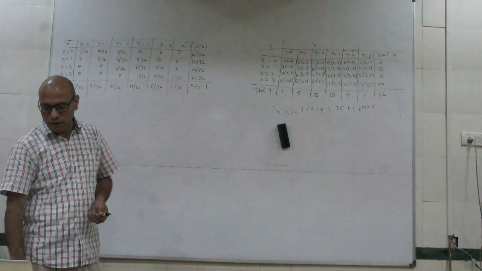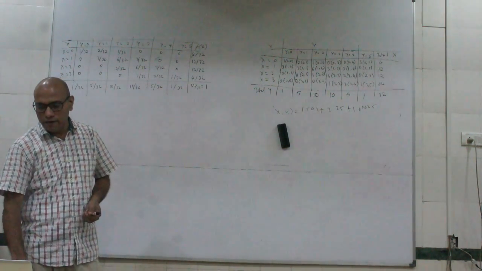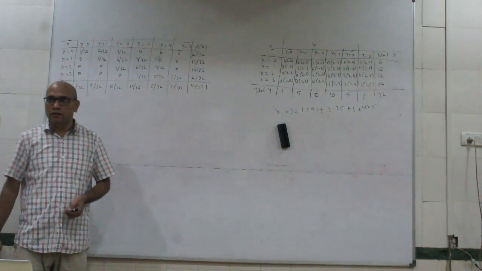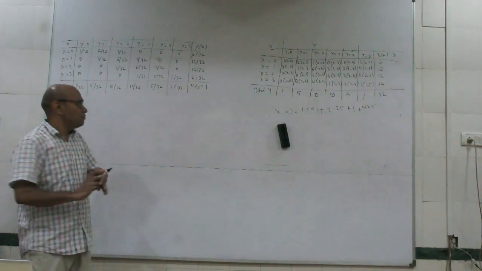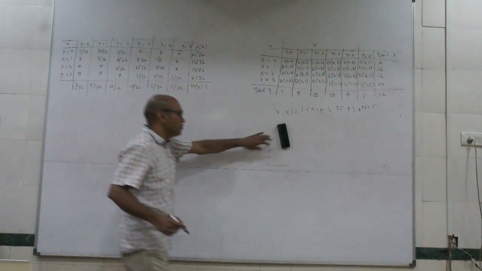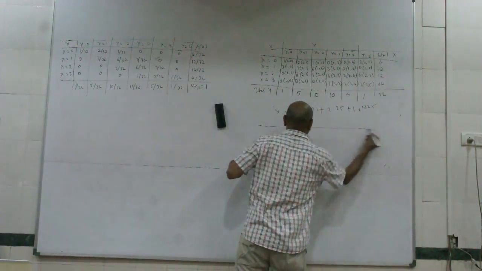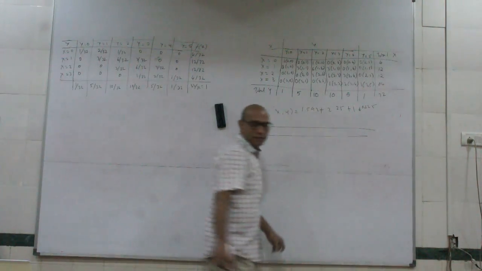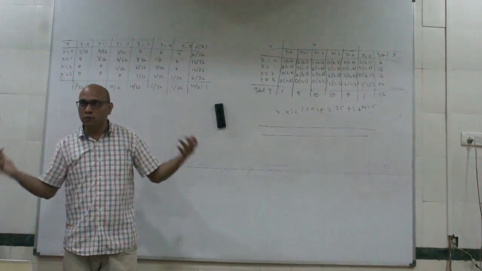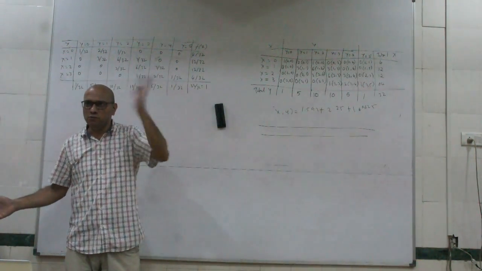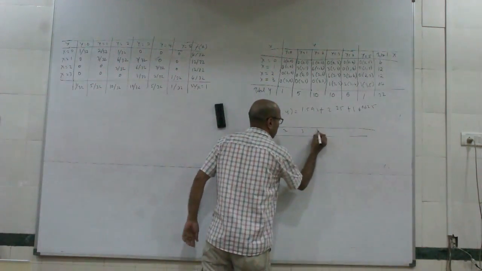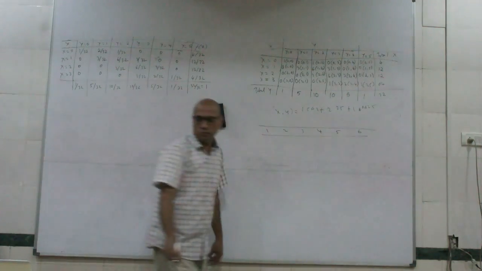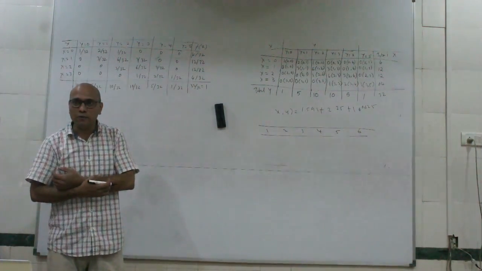The simplest example that comes to my mind is a die. If I have to draw a distribution like this for a die, there are 1, 2, 3, 4, 5, and 6 possible outcomes. Each outcome is equally likely.